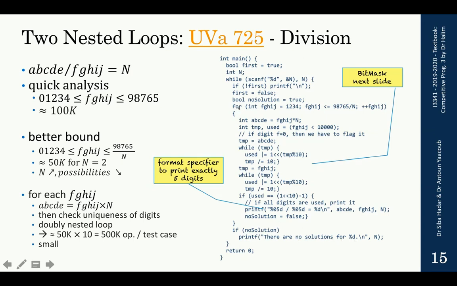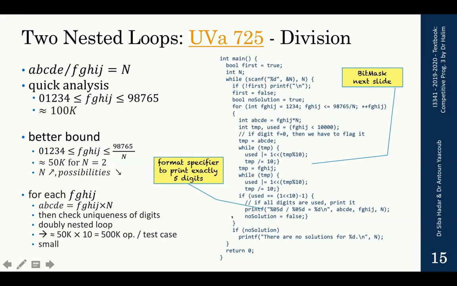And then I will take the double loop, the nested loops, and here we go. We are going from the lower bound to the upper bound, which is the biggest 5-digit different number divided by n. And every time, as we already have said, we are going to find the numerator, which is a multiplication of this number by the given n.